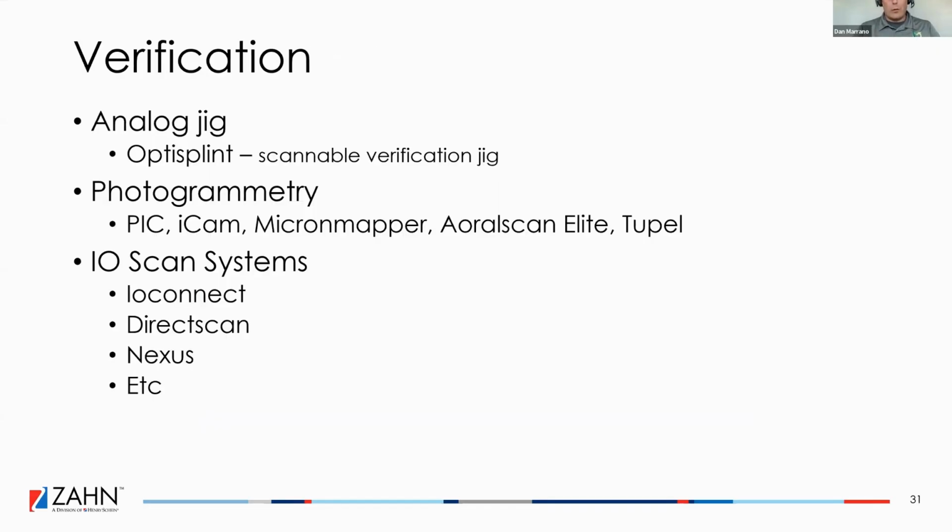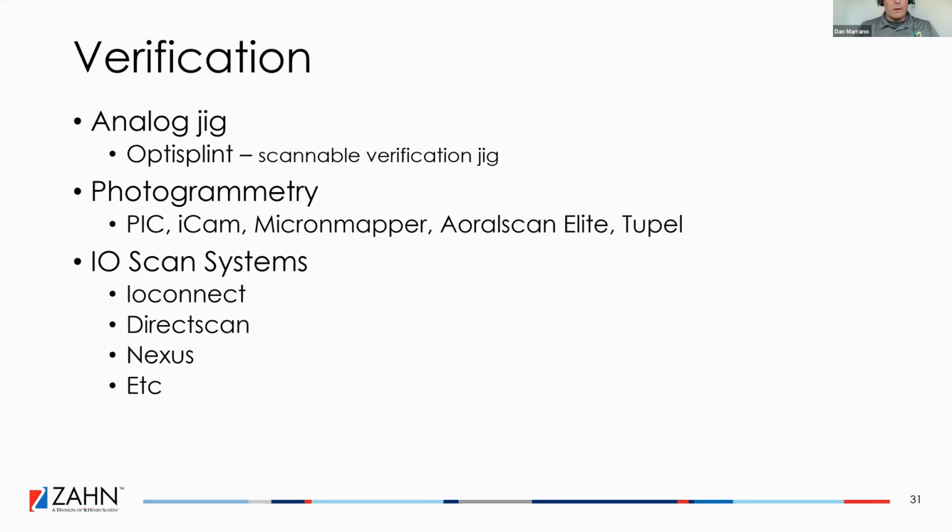Verifications are extremely important today. If you don't have some kind of digital verification method like a photogrammetry or an intraoral scan system, you still need to make that analog jig. And you can make a traditional analog jig. OptiSplint is a scannable verification jig.